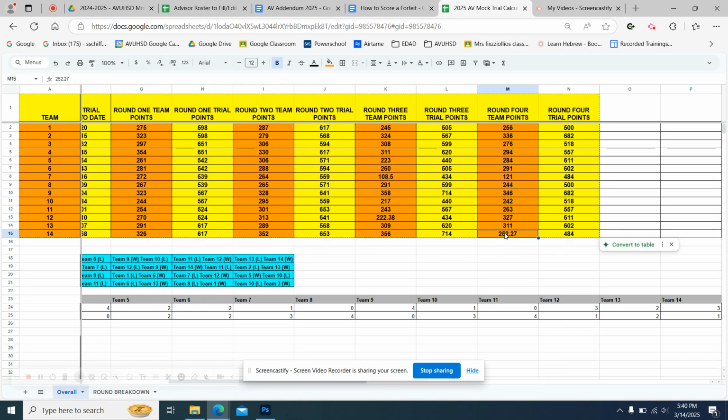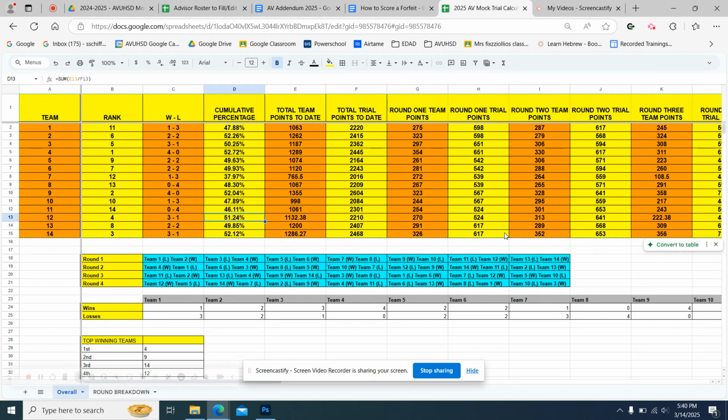Okay, so just looking at it over here, we're looking at round 3. There are the numbers: 434 total points in the round for Team 12, and then there's the amount of points that they received in that round. And then looking at Team 12, we kept the cumulative percentage at 51.24%.